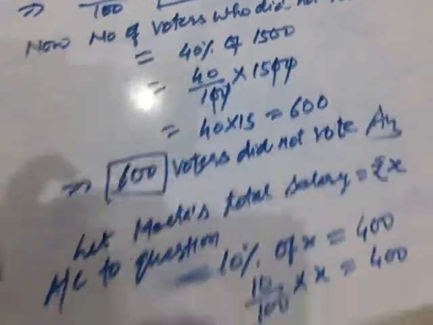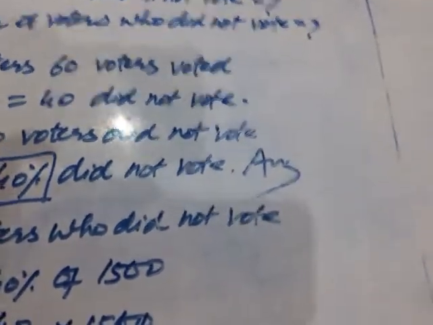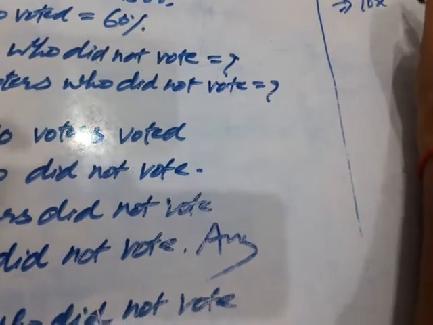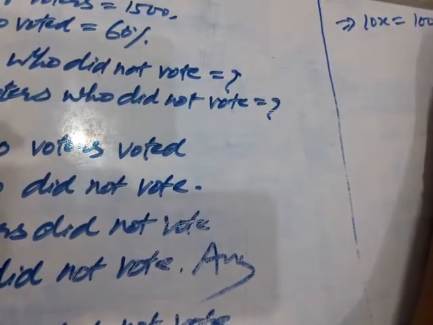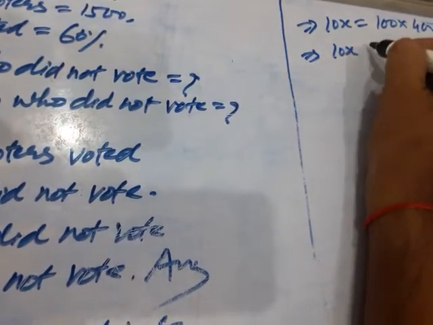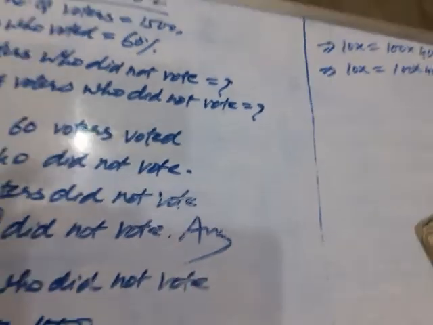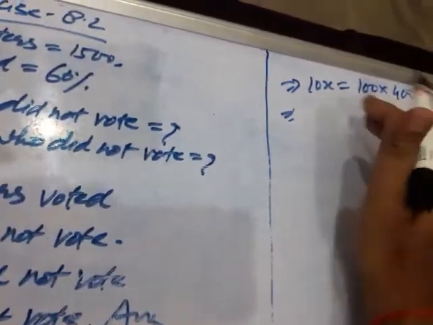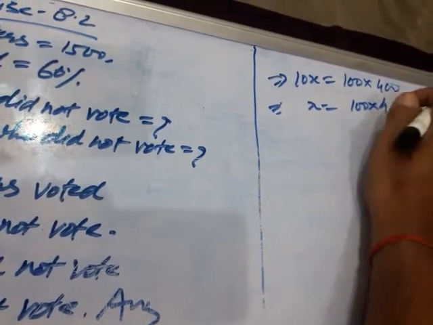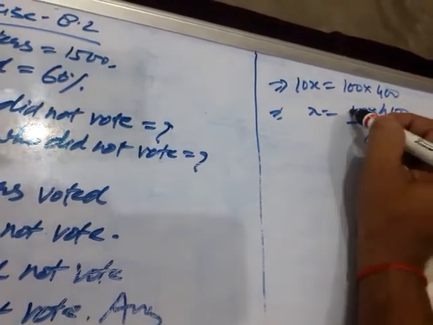Okay, now let us calculate it out. By cross multiplication, this implies that 10x equal to 100 into 400. So x equal to 100 into 400 upon 10. 10 ones are 10, 10 tens are 100.